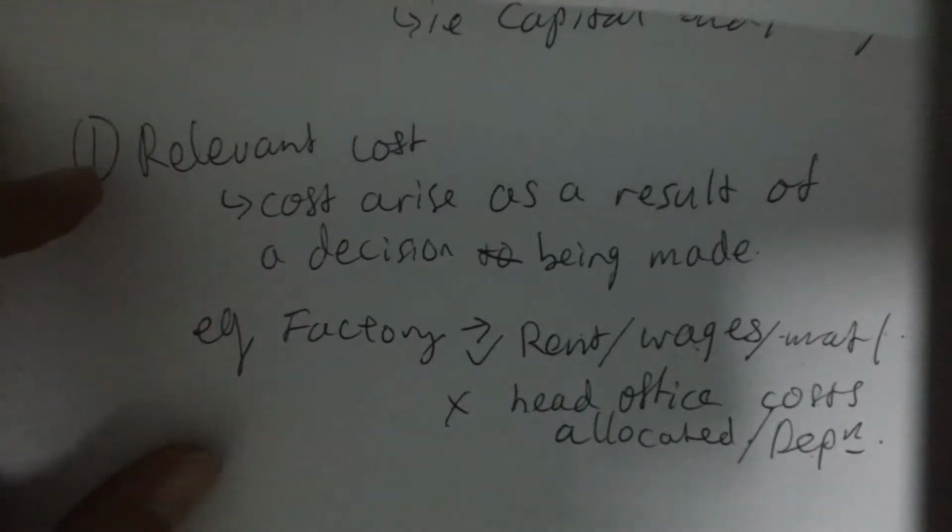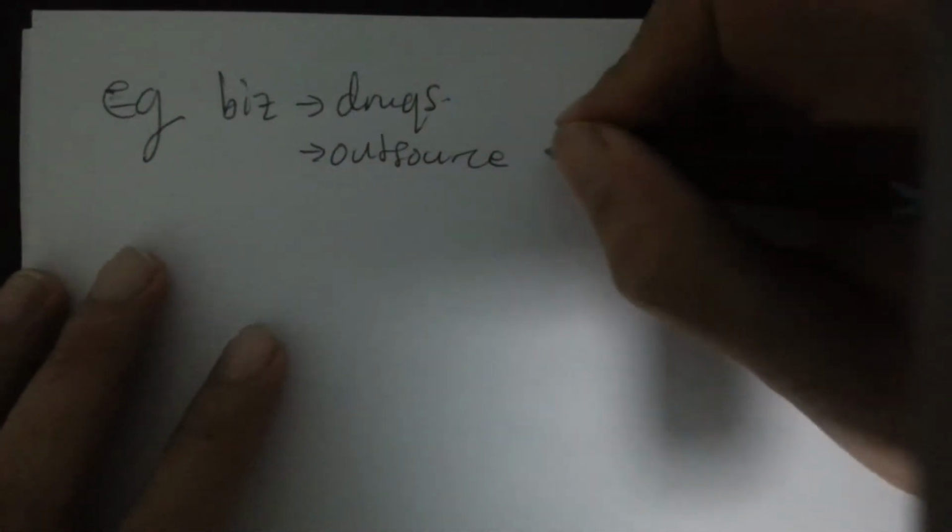Now, in your past exams, they have given other examples. Another example given was actually the case of a business making drugs, and they were looking to outsource their packaging.